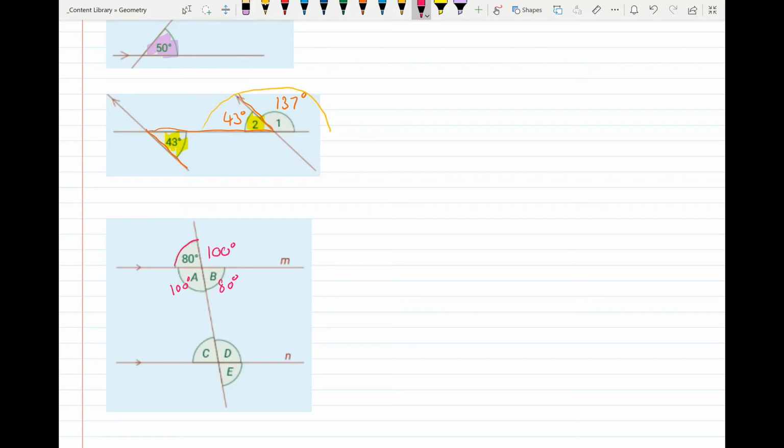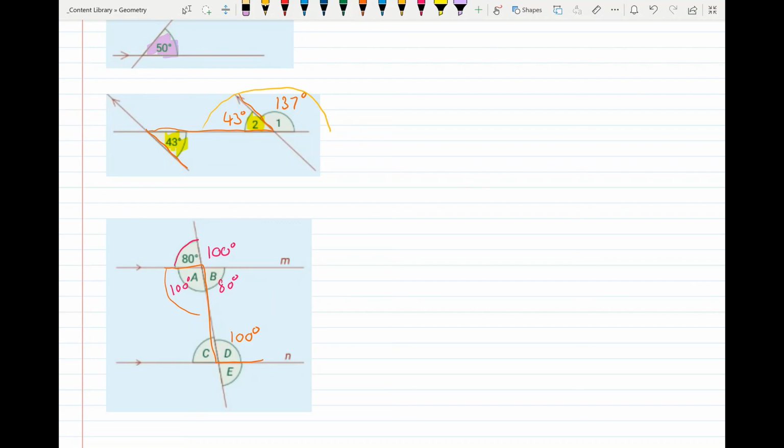We can picture taking this whole set of angles and just sliding it down along the transversal until it sits on top of angles C, D, E. And we can just pair up the angles, or we can use our knowledge of alternate angles. So angle A, 100, is going to be alternate to D. So D is going to be 100 because they make the Z shape there.